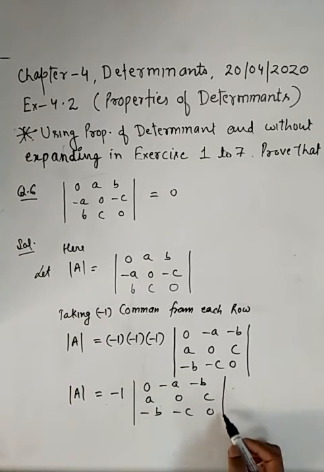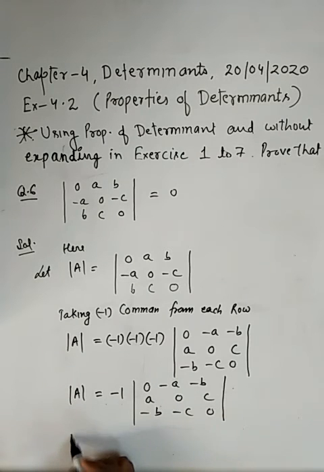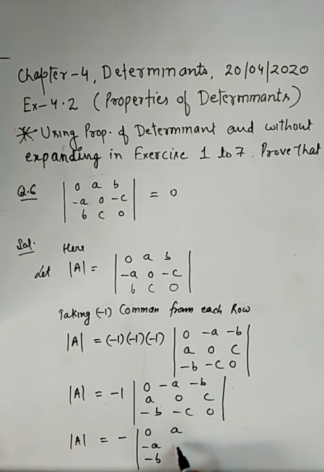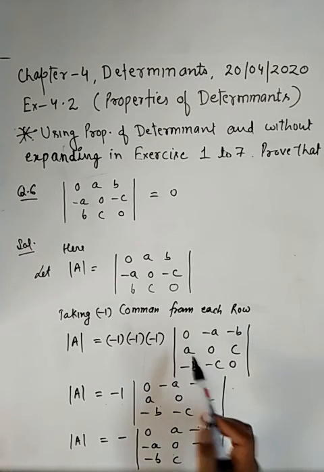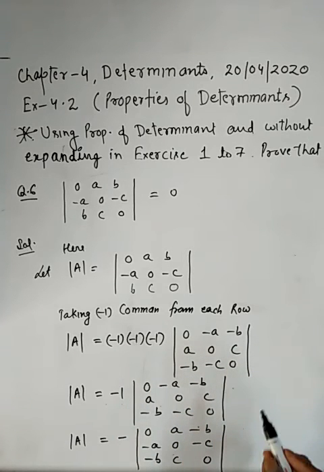Now interchange the rows and columns of the determinant. There is no effect on the property. So the determinant of A equal to minus, interchange the rows and columns. So 0, minus A, minus B, A, 0, C, minus B, minus C, 0. So I am taking minus common from this, minus common from this, and minus common from this.